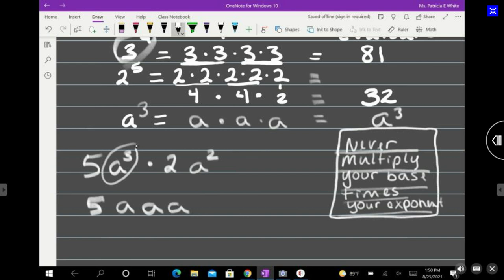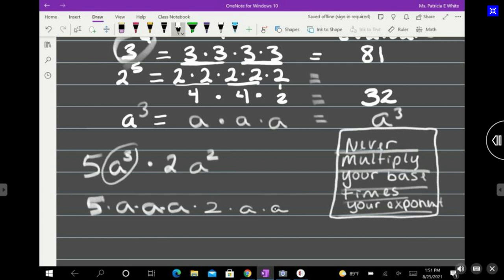So how should I write 2a squared? 2a. Right? What is 3 times 4? 12. What's 4 times 3? 12.